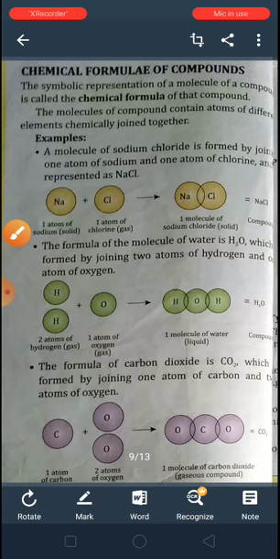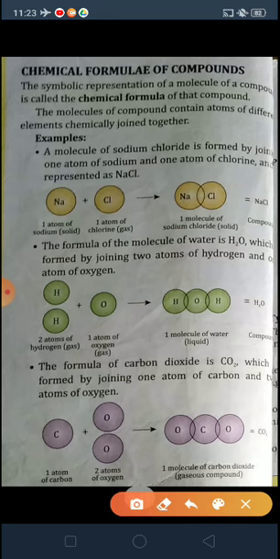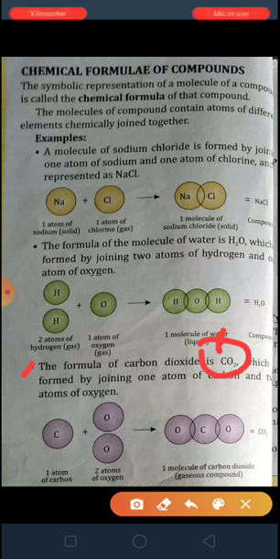Similarly, the formula of carbon dioxide, which we know, is CO2. From this formula, we can easily find out which atoms are present. C is the symbol of carbon and O is the symbol of oxygen.